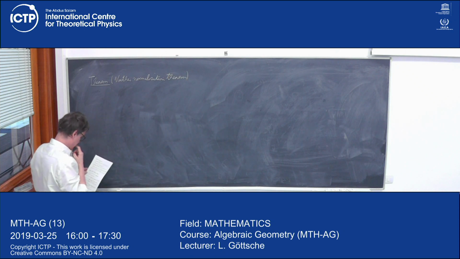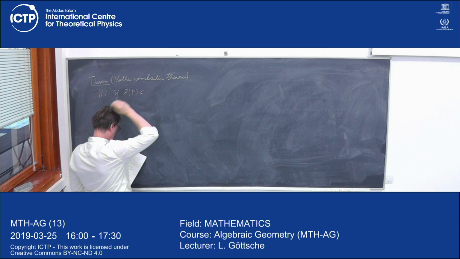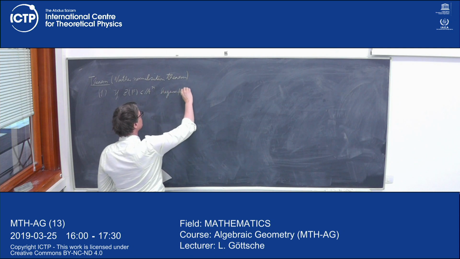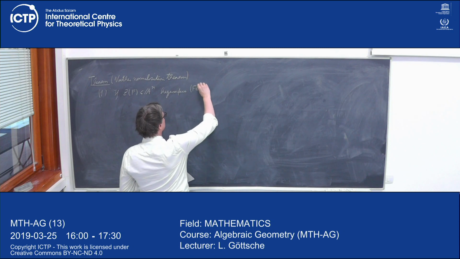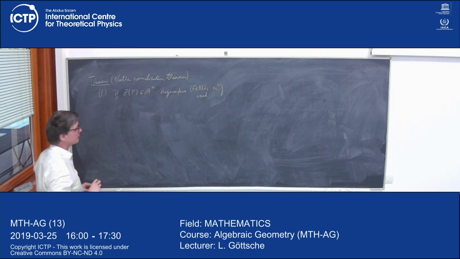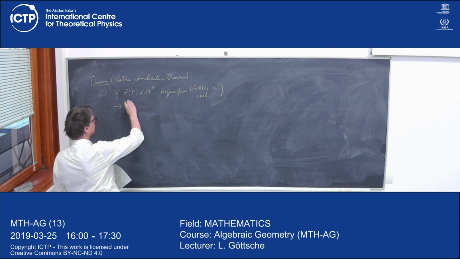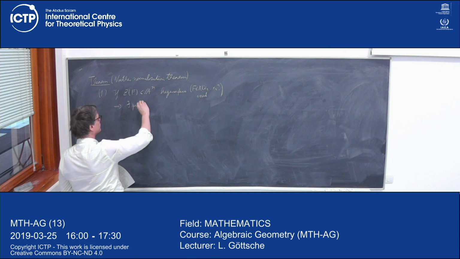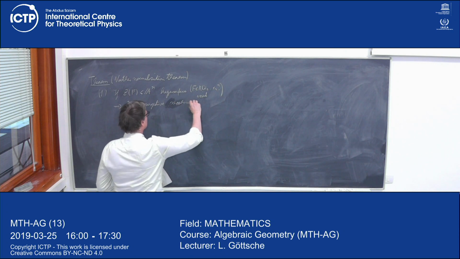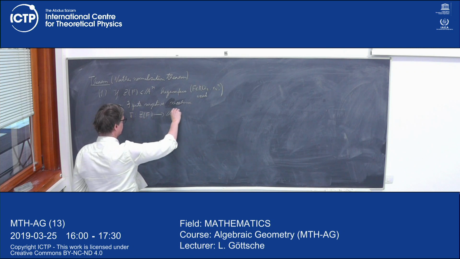And so this says, the first statement is: if Z(f) in A^n is a hypersurface, so that means that f is a polynomial in x1 to xn which is irreducible, then it follows that there is a finite surjective morphism pi from Z(f) to A^(n-1).